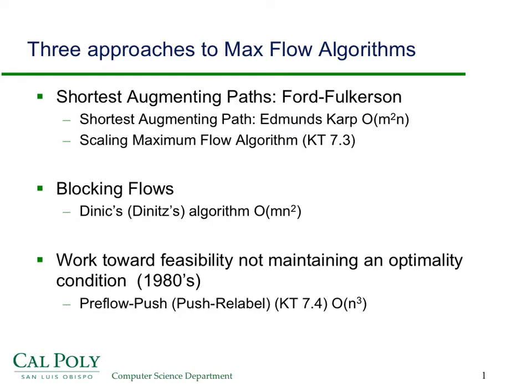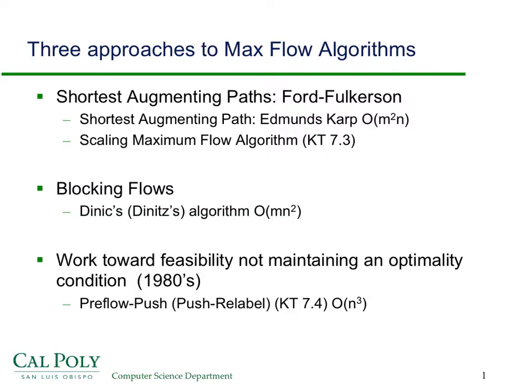In order to do this, first let me just remind you where we are. We've already covered the shortest augmenting paths algorithm by Edmonds-Karp. There's another algorithm that we don't have time to cover that's interesting. It uses what are called blocking flows, and it's by Dinitz.